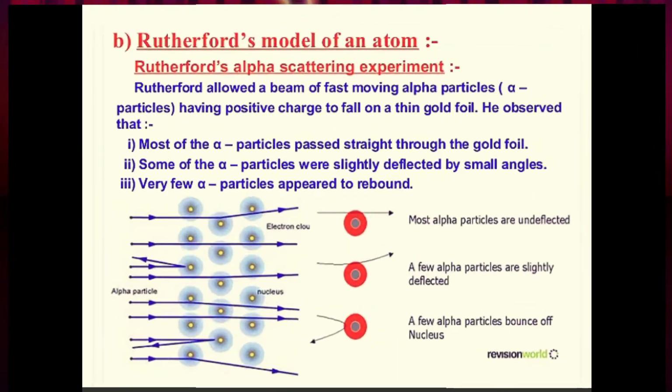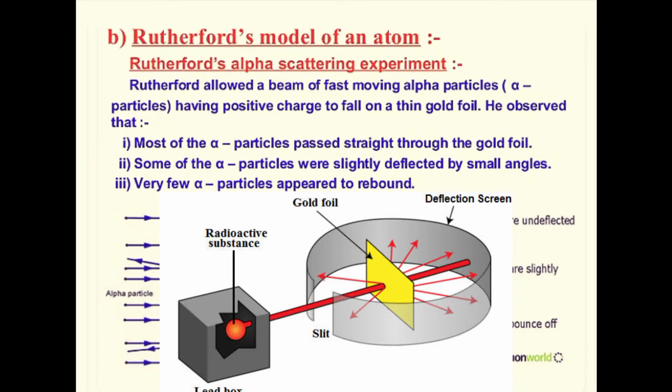Now next is Rutherford's model of the atom. Rutherford's alpha particle scattering experiment. Rutherford allowed a beam of fast moving alpha particles, which are positively charged, to fall on a thin gold foil. He observed that most of the alpha particles passed straight through the gold foil.